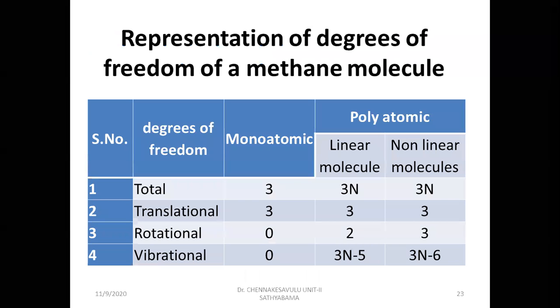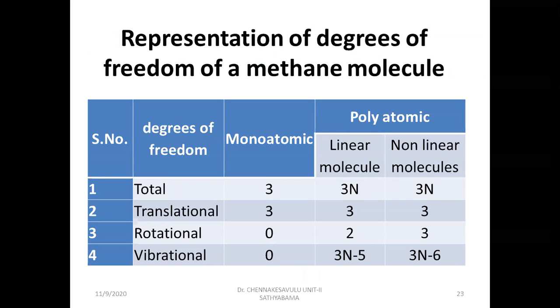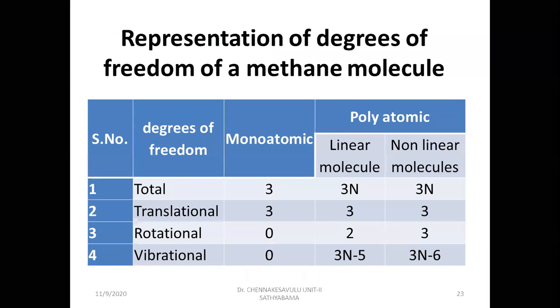Now, the degrees of freedom of a methane molecule, generally we will take it for both the things. Prior to that, we will apply it for the monoatomic thing first. Degrees of freedom for a monoatomic thing is only 3, because it doesn't have 2 atoms.